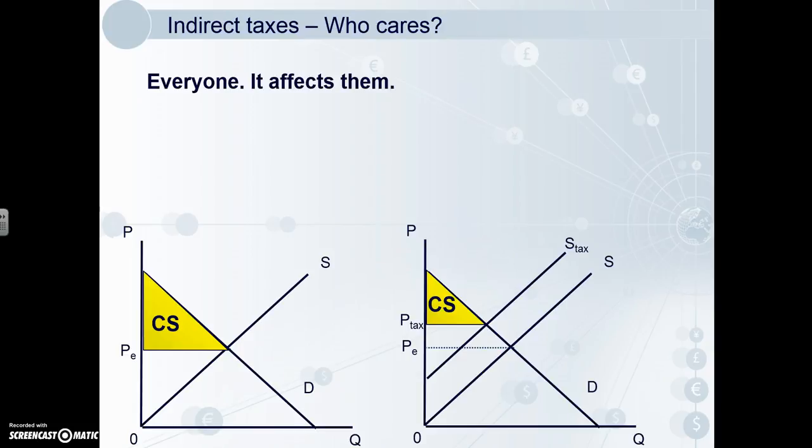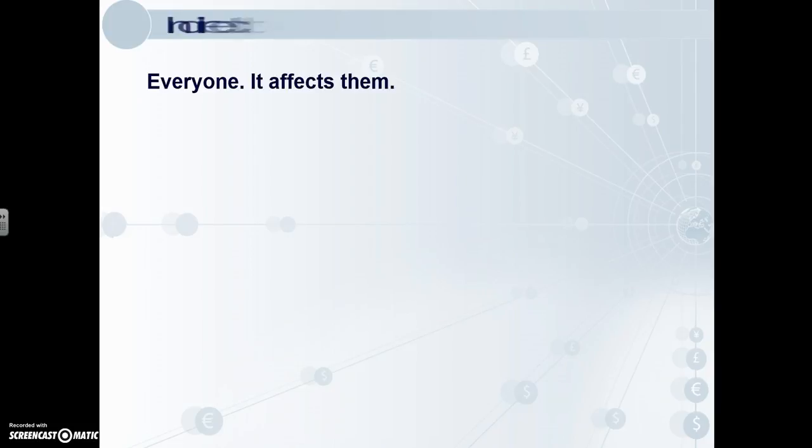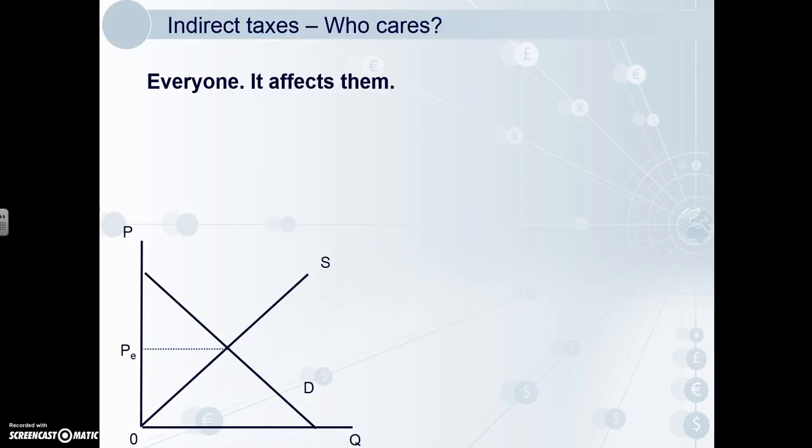Okay, what about producers? How are they affected? Now, I won't make you pause and draw the initial producer surplus because you now know where that is. If consumers are up the top, then we know that producer surplus is under the equilibrium price and above the supply curve.